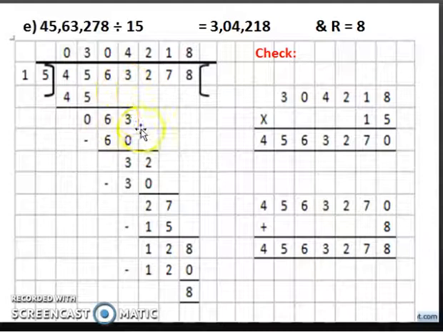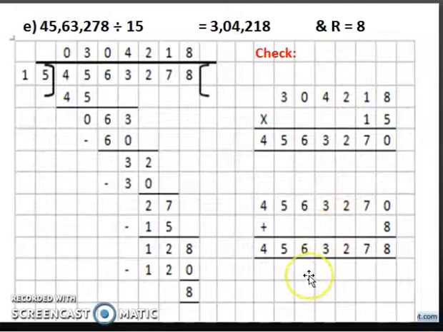Now copy down 3 again, right? Then 15 fours are 60, 3 remainder, copy down 2, 15 twos are 30, 2 remainder, copy down 7, 15 ones are 15, 12 remainder, it is lower than 15, so it's correct. Copy down 8, and 15 8s is 120, your remainder is 8. Now same, you write the formula here for checking, as I did in slide 1, and multiply the quotient by 15 and add the remainder.